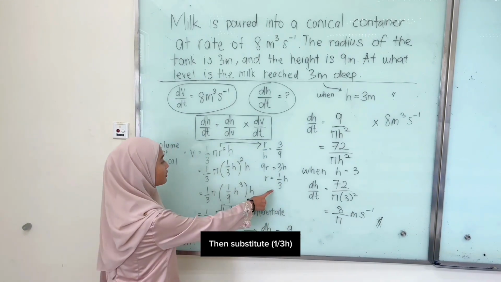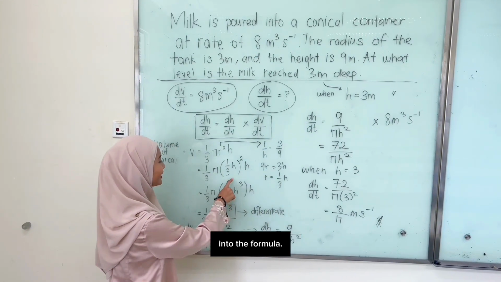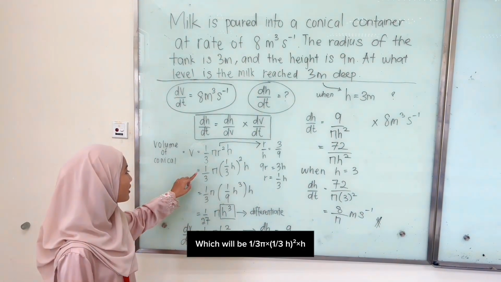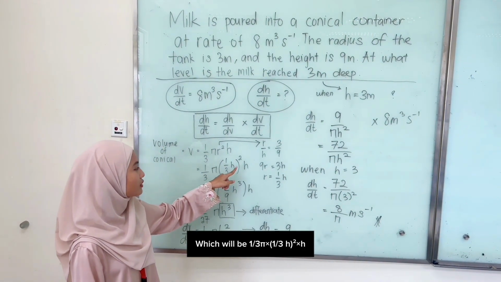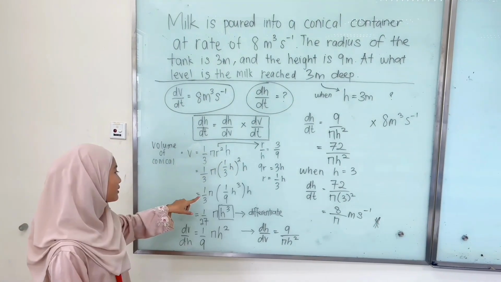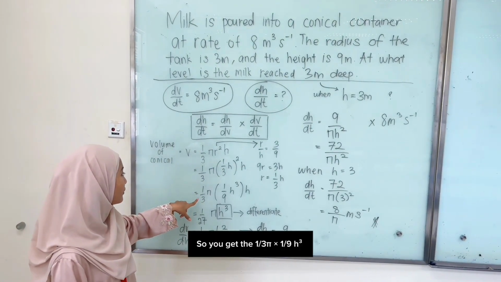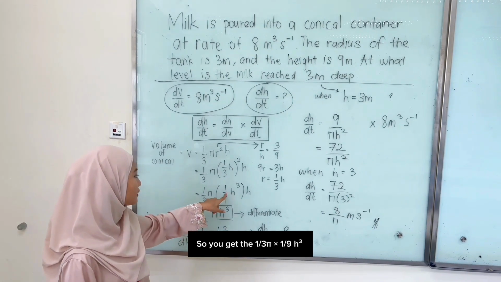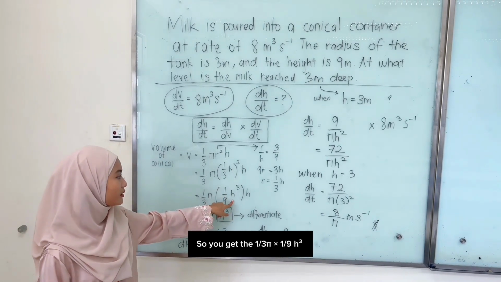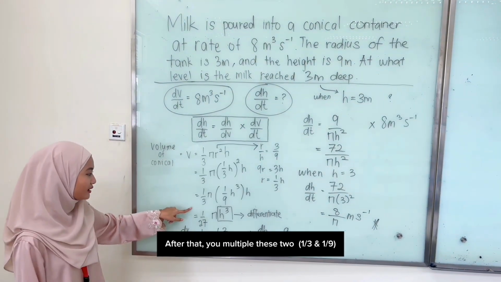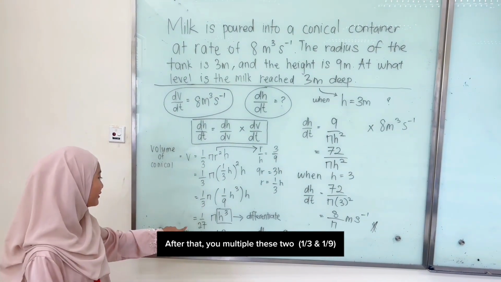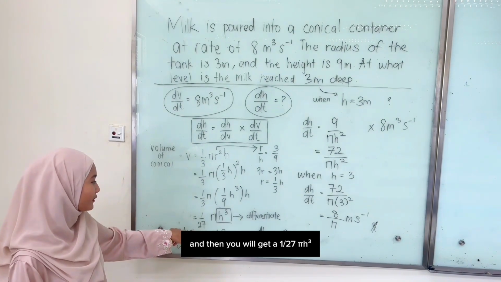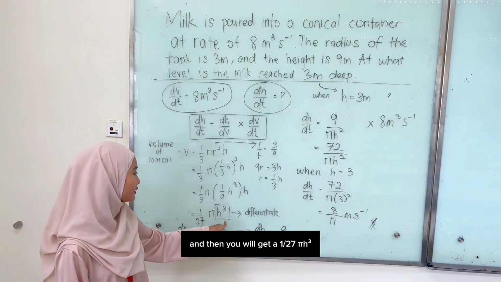And then you substitute here in the formula, which is 1 over 3 pi times with 1 over 3h square height. So you get a 1 over 3 pi times the 1 over 9h cube. And then after that, you times these two value and then you get a 1 over 27 pi h cube.